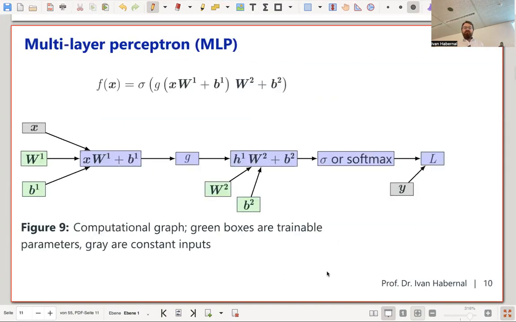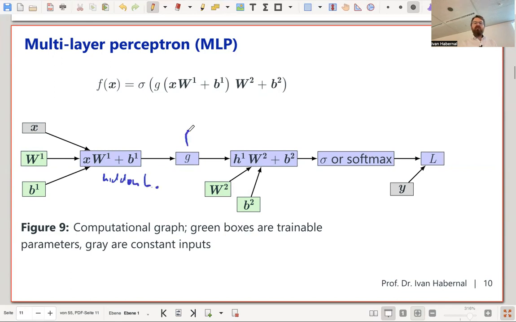So let me introduce you to the multilayer perceptron. As I said, we just built the first deep learning network, a deep neural network. And here is again a summarization as a full computational graph. We have the input here and the first hidden layer. So this is the hidden layer.